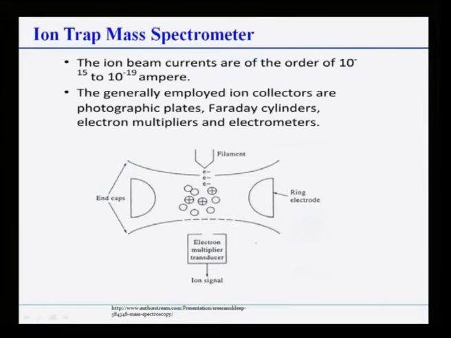So, what is done here? You have basically a filament, which creates ions, charged species, and then we have this kind of ring electrodes which collect or trap these ions.